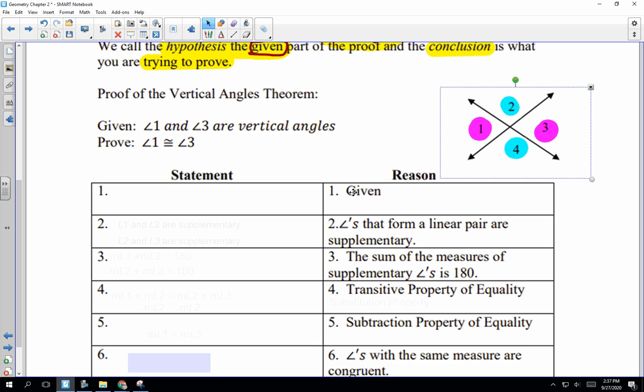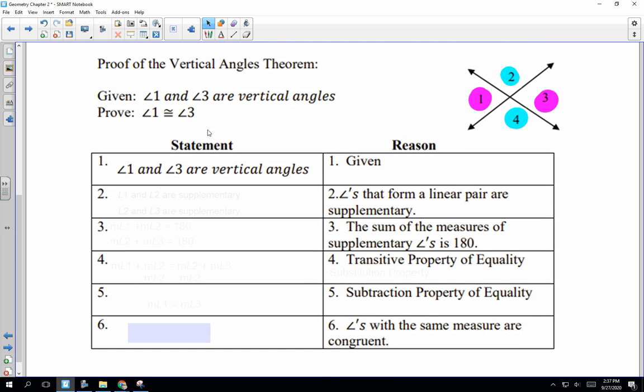Remember from the last section, all of the information that was first laid out for us, we called given. So we are going to take what is after given and put it as our statement: angle 1 and angle 3 are vertical angles. True, it's given. We are going to try to prove angle 1 is congruent to angle 3. That should be what is on my very bottom line.